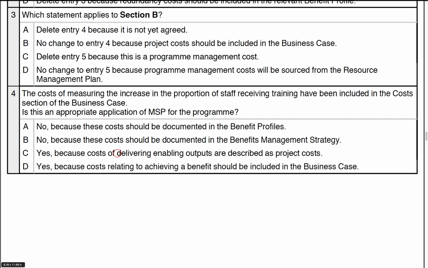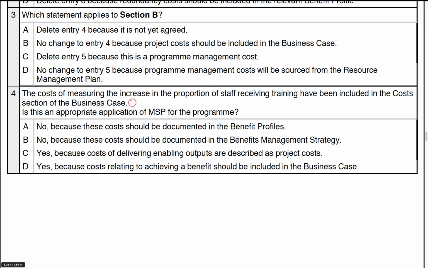C, yes, because the cost of enabling outputs are described as project costs. Well, as much as they are, they've got nothing to do with the realisation costs for benefits realisation costs. So they're not interested in having those in the business case, which is about benefits, right? And that's what these are. This is about measuring the cost of proportion, because that's a knock on the benefits. So yes, because costs relating to achieving your benefits should be included in the business case. Well, that's exactly what we said earlier anyway.